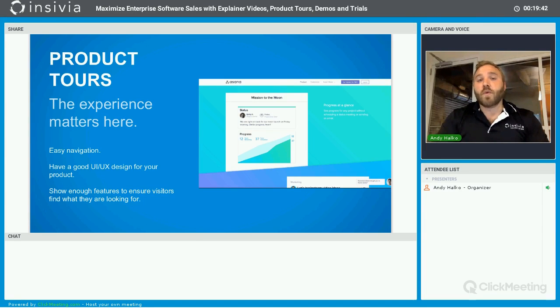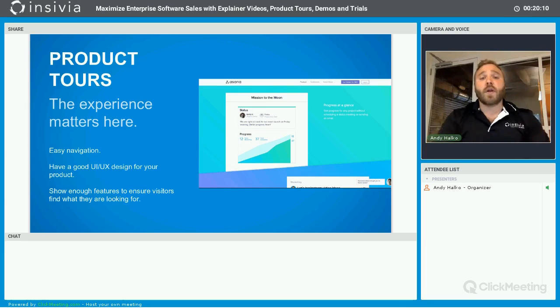One thing that I do think is important when we're talking about product tours is the experience matters. If someone is going to use a software and they're going to convert into a demo or a trial or whatever their next step is, they want to be confident that the experience is going to be good. And if the experience that's in our product tour is not good, most likely people are not going to convert because they're going to feel that the software is going to have the same negative experience.